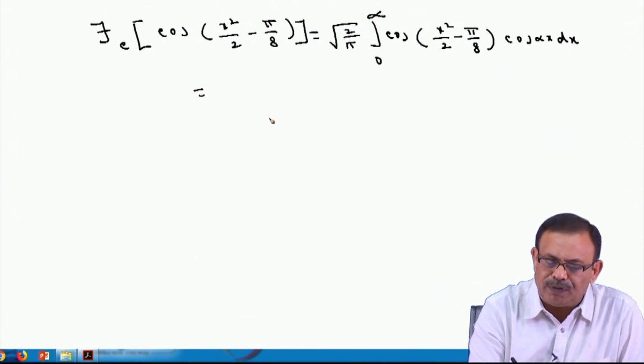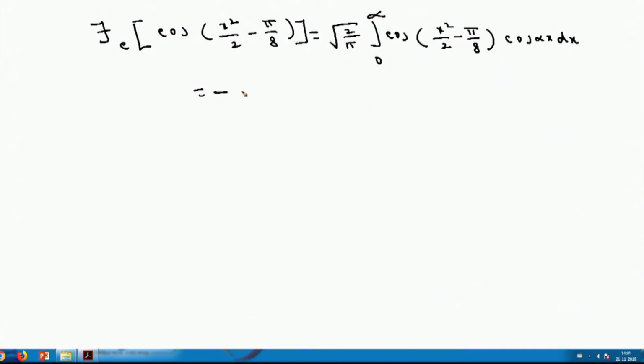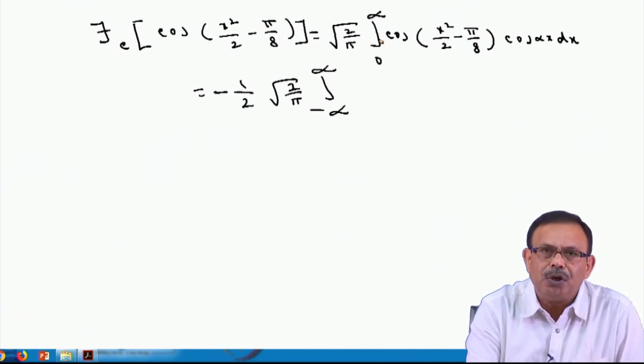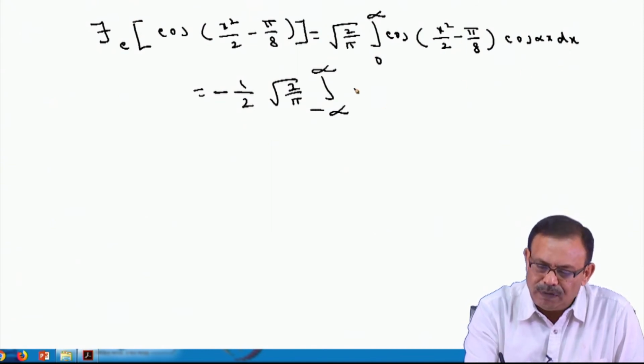Since it is an even function, I can bring 1/2 here, so that this limit of integration I can change from 0 to infinity to minus infinity to infinity, and for that reason the half comes outside, and this is possible only because the function is an even function.